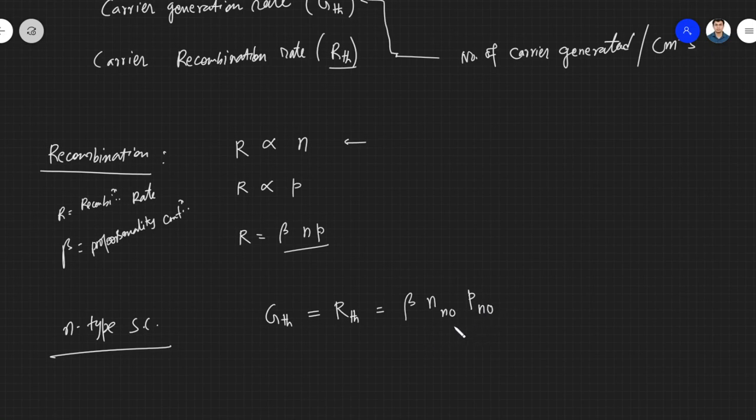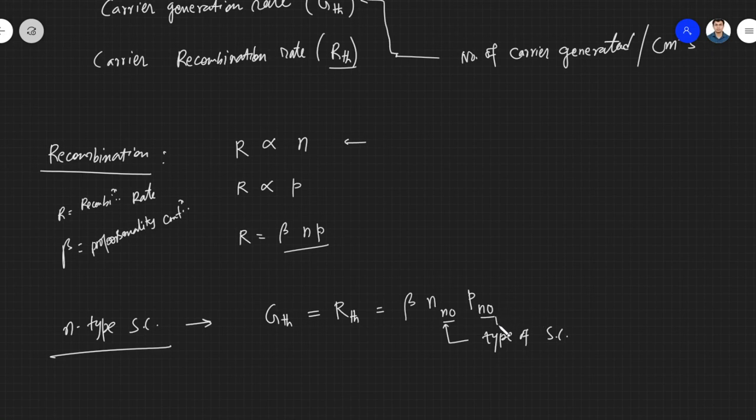So let me explain this notation, because we'll be using this kind of subscript a lot. In this kind of subscript, the first term defines the type of semiconductor. In this case, we are talking about an n-type semiconductor, so we put n, even for the hole concentration.